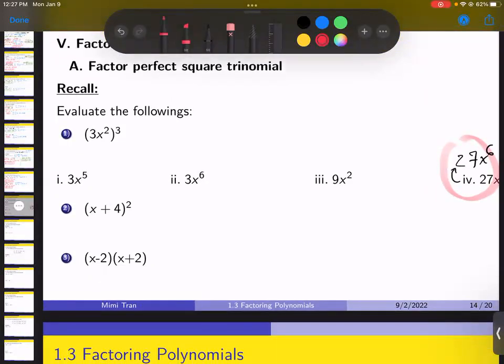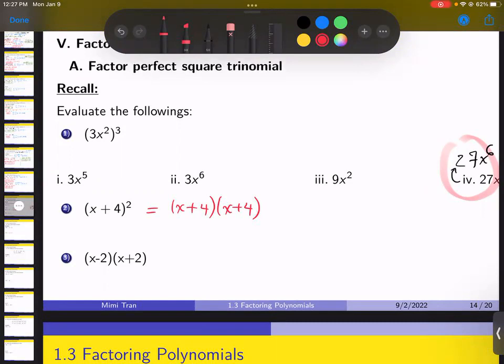For number 2, they just FOIL it. You can write it out twice. What I don't want to see is x squared plus 16. That's not even close, right? That's wrong. We don't have a rule like that. You gotta FOIL it out.